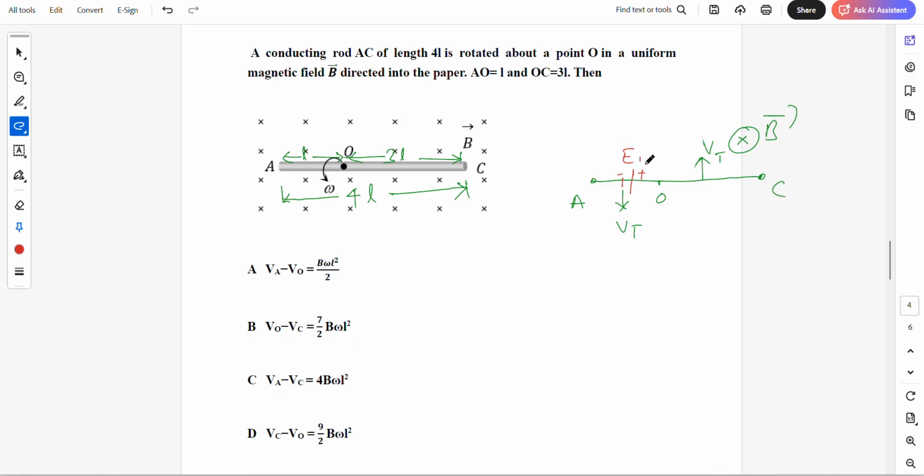Call this E1, because our fingers are going inwards and the velocity Vt is downwards, our thumb is coming downwards, therefore the palm is coming on the right side. Now where the fingers are pointing inwards and the thumb pointing upwards, the palm is coming on the left hand side. This is E2.